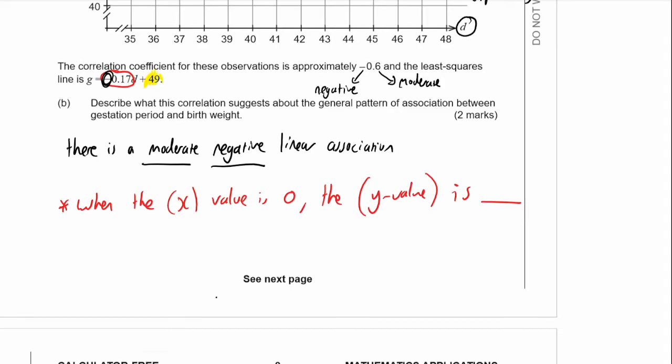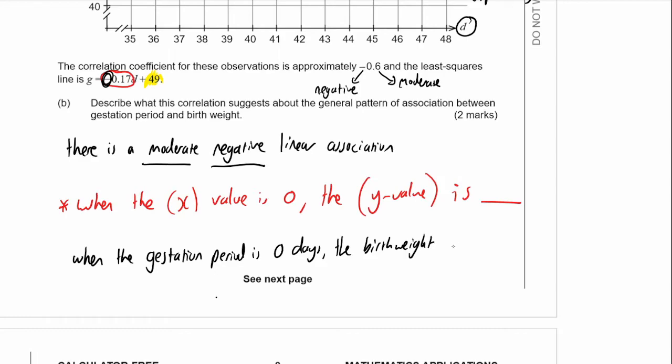And then you just need to talk about if that makes sense or not. So in this example, we would say when the gestation period is 0 days, the birth weight is 49 grams. And then you ask yourself, does that make sense? So does it make sense that if the gestation period is 0, the birth weight is 49?